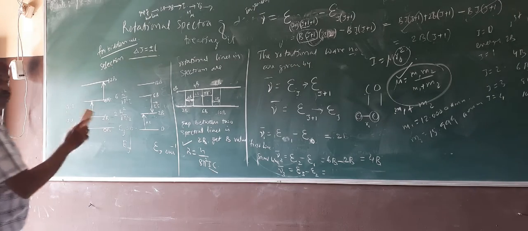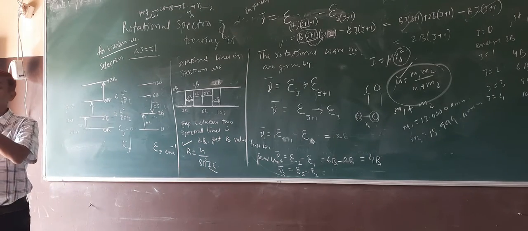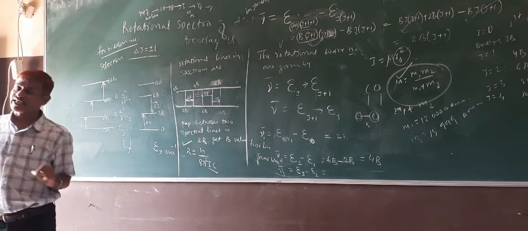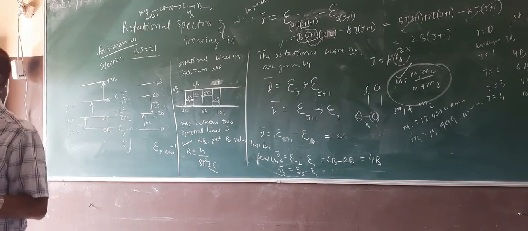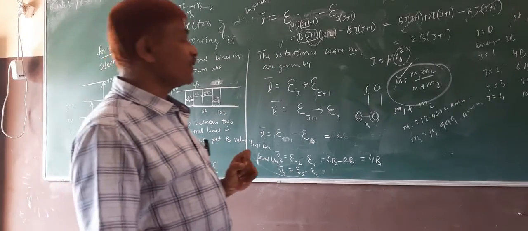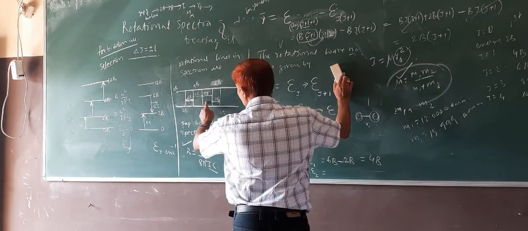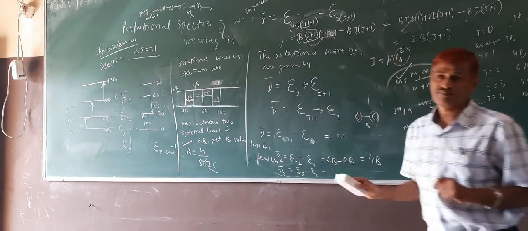But if you see carefully, the intensity of these lines is not the same. Now we have to address this problem. Why? All lines should come with the same intensity, but experimentally we are seeing that the intensity of the lines is not the same.